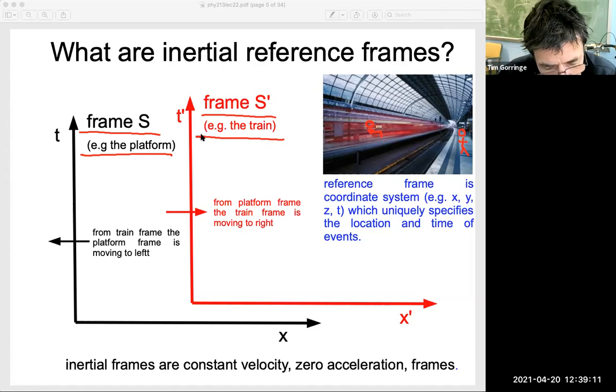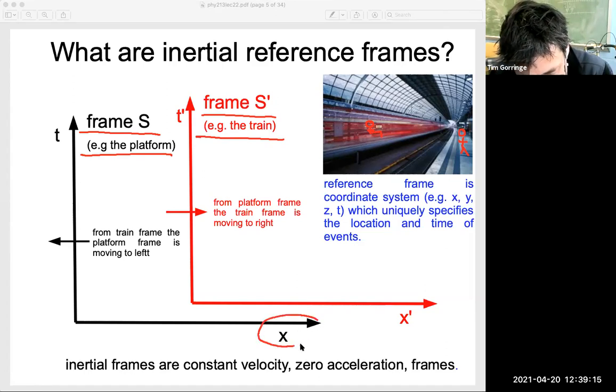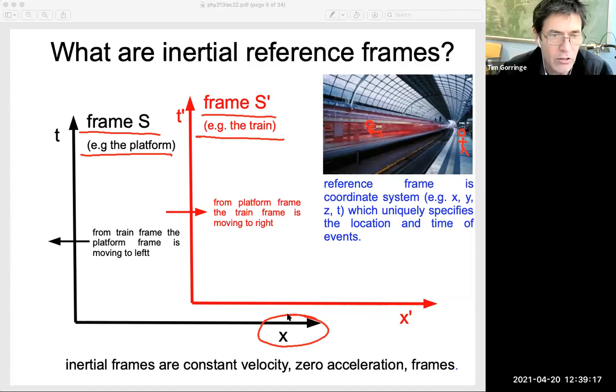And each of these reference frames has spatial coordinates to represent spatial positions of objects or events or occurrences, and a time coordinate to represent the time coordinate of objects, events, or occurrences.